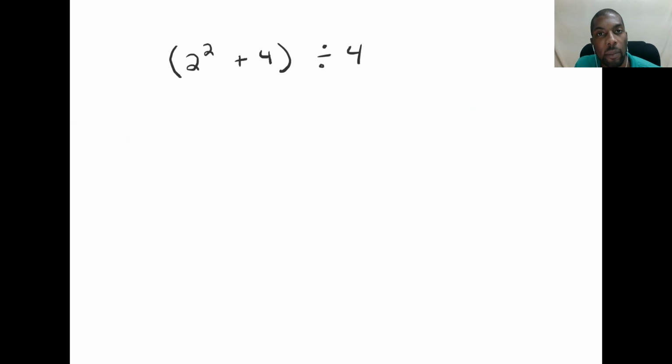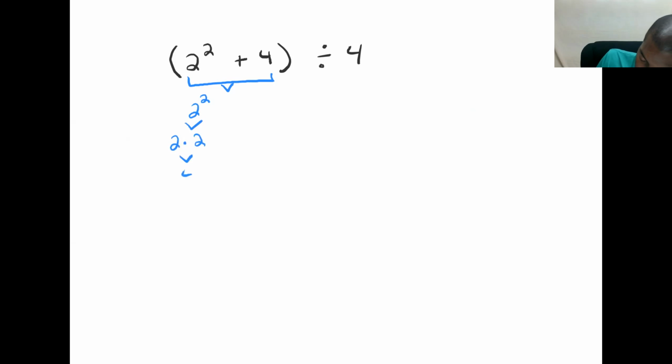All right, so if I'm going to evaluate this, I say, all right, please excuse my dear Aunt Sally. I start with my parentheses. In my parentheses, I have a 2 squared plus 4. I must evaluate the 2 squared first. So really, that's going to be 2 squared, which is really 2 times 2, which is really 4.